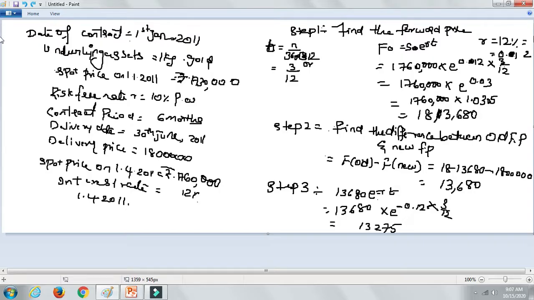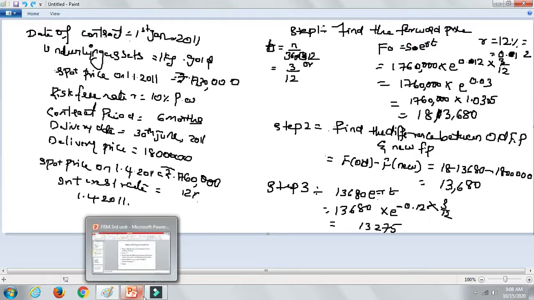So Mr. Ajay has to pay more, because he is in the contract, paying 17 lakh 60,000 something, whereas if he enters into the contract now, he has to pay some 18 lakh something. So according to the forward price also, he is paying more, 18 lakhs 13,680 for the asset. So over here, the buyer will be the loser.